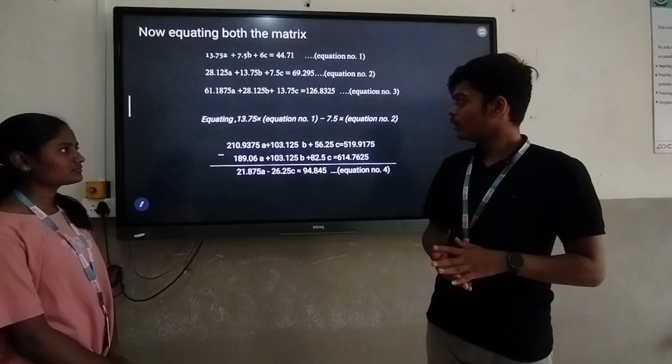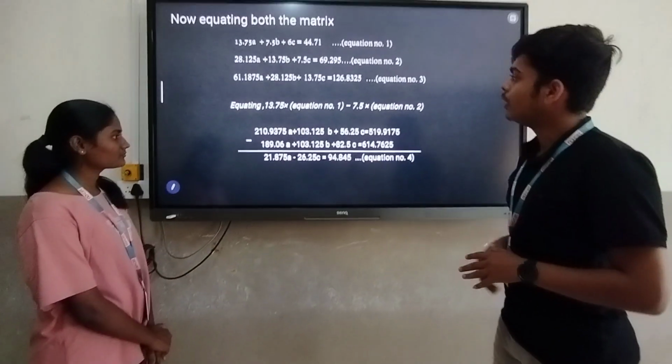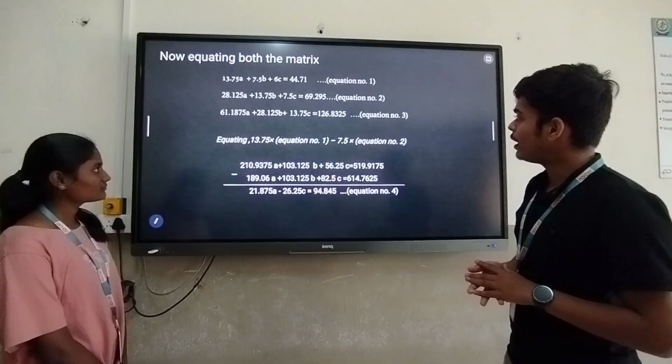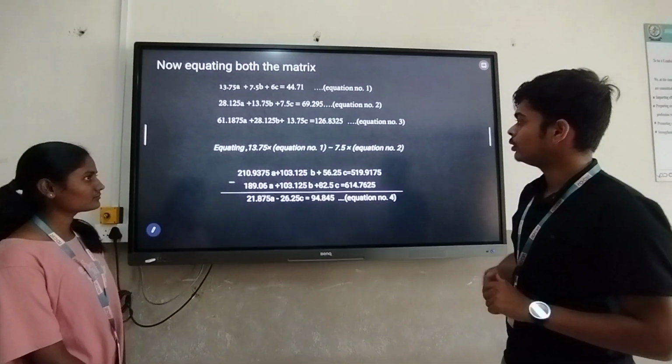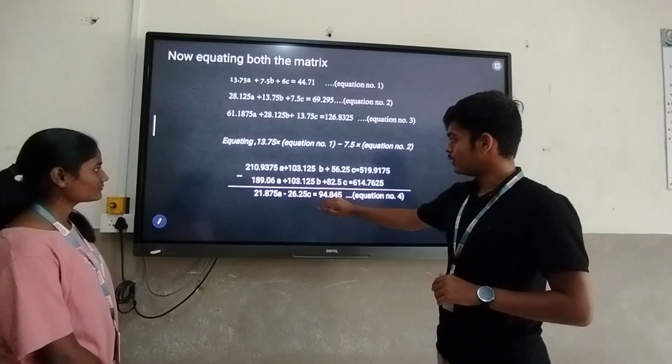We have to eliminate only one variable from these equations. Multiplying equation 1 by 13.75 and subtracting 7.5 times equation number 2, we get equation number 4 in terms of A and C.